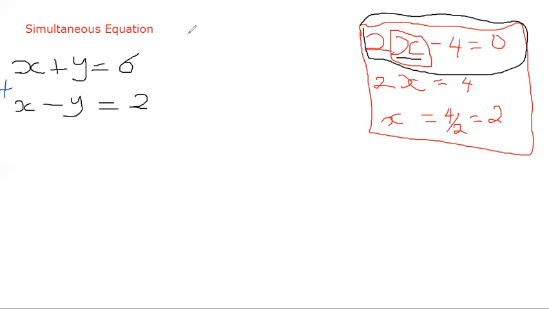The first method is, do you know the methods for simultaneous equation? Elimination and... Yes, and what? Elimination. I forgot it. Oh, you forgot it. Okay, I'll write it now.